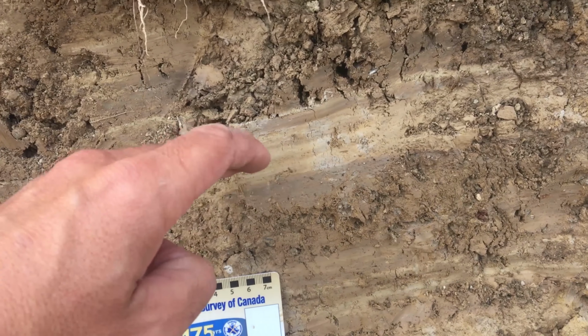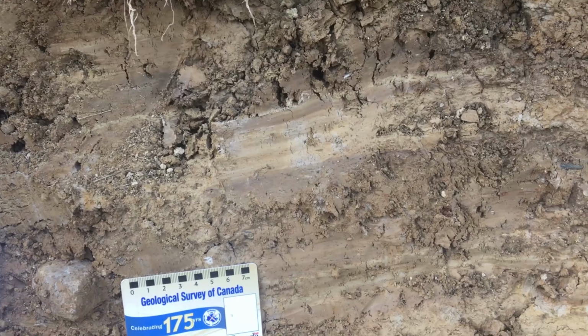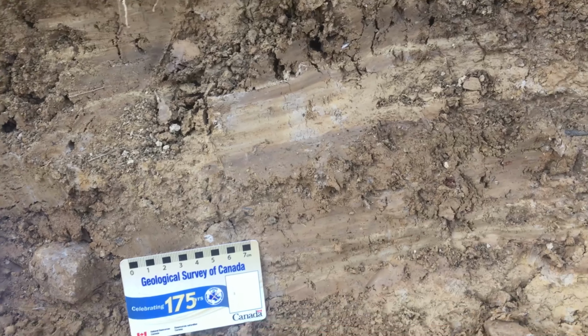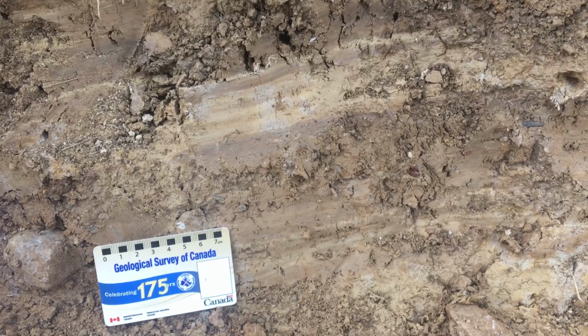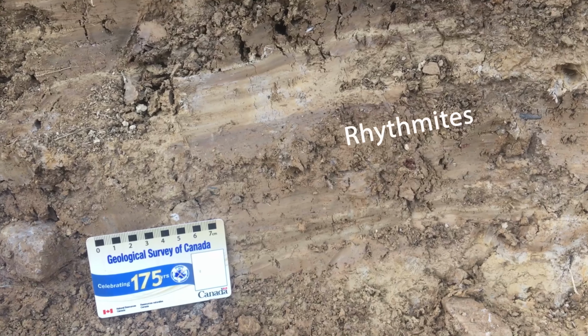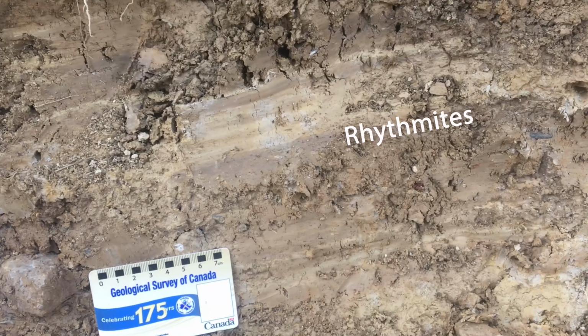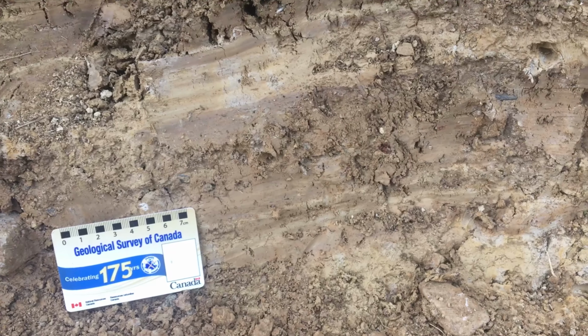So you have this alternation of clay rich layers and silty layers. These are referred to as rhythmites because of the rhythmicity that we often find in these laminated sediments.